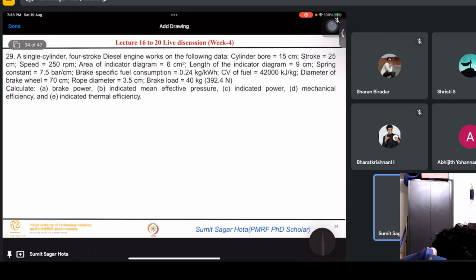Diameter of the brake wheel 70 centimeter. Rope diameter 3.5 centimeter. Brake load 40 kg. Calculate brake power, indicated mean effective pressure, indicated power, mechanical efficiency, and indicated thermal efficiency. These all are themselves questions. I just put all in one question and asked you, but everything can be asked as one question.